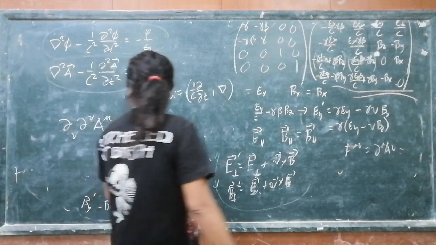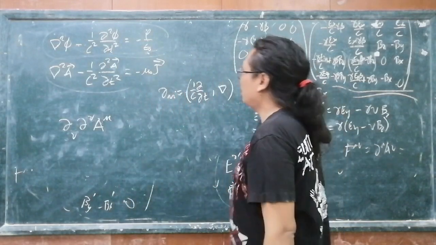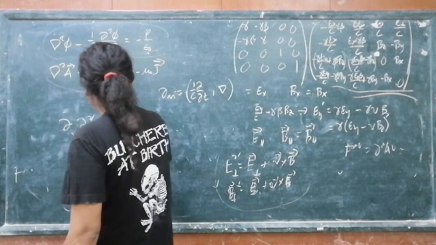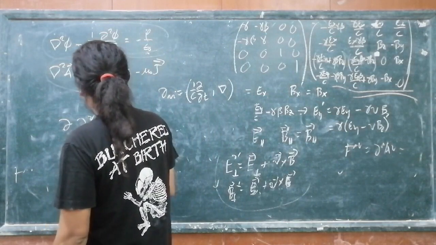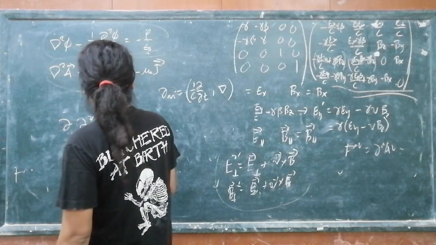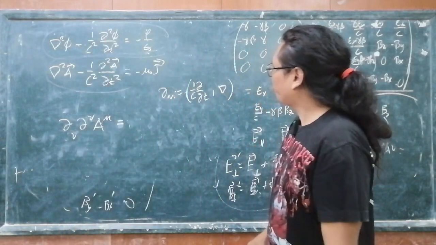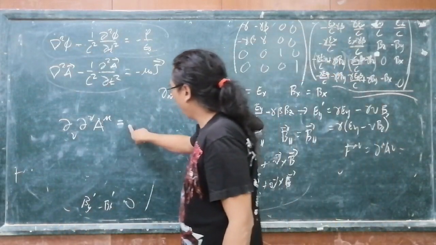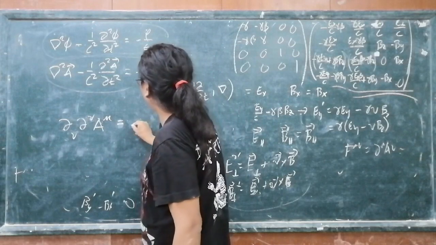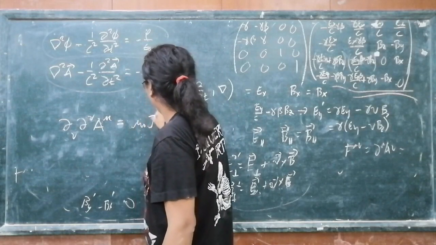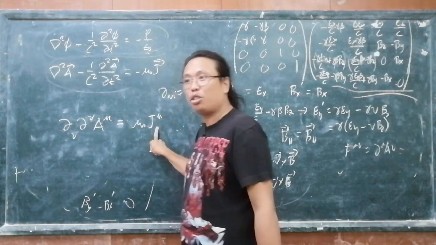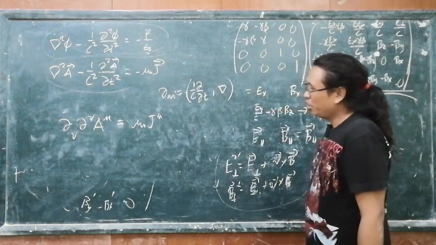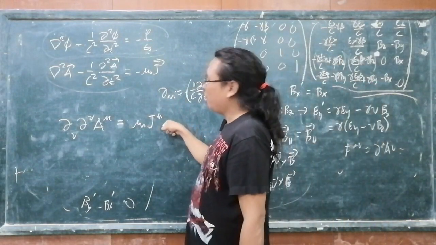Okay? I think this will be A nu equals what? Equals some vector here. In fact, this vector is mu naught J mu. This is again a 4-dimensional vector.